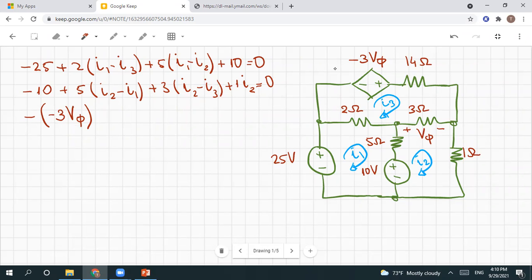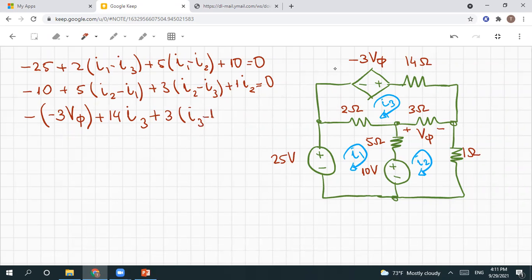Okay, now the current in the 14 ohm resistor, what is it? I3. And what will be the current in the 3 ohm resistor? I3 minus I2.